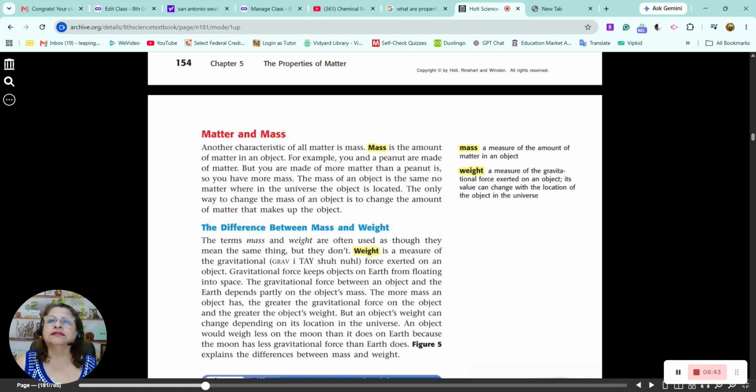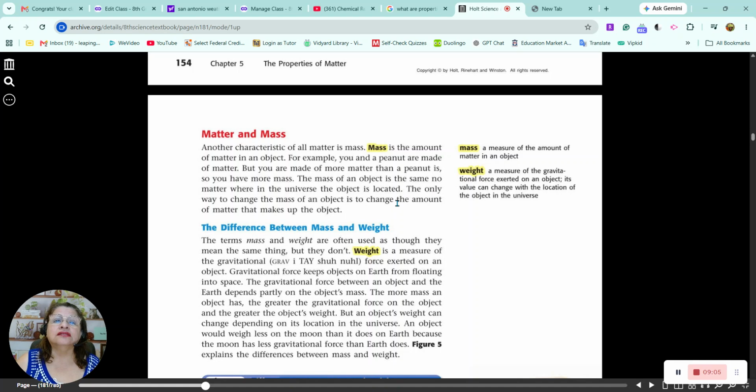Another way is mass. Mass is a measure of the amount of matter in an object, and weight is the measure of the gravitational force exerted on the object. So there is a difference.